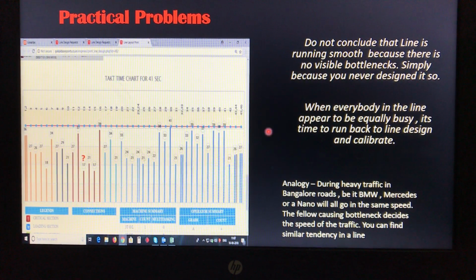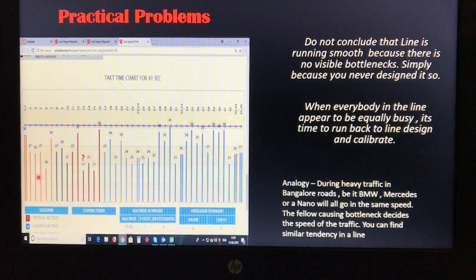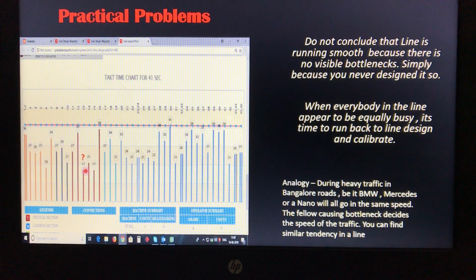The moment you find everybody busy in the line, or the moment you see even this fellow in the line is busy having some WIP in hand, it's high time you speak to your operators that your time is 17, and why is your OCT at this level?